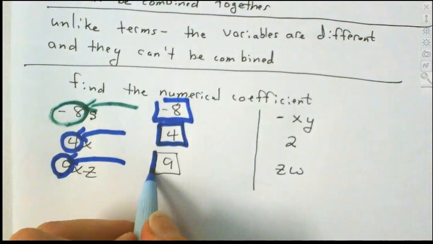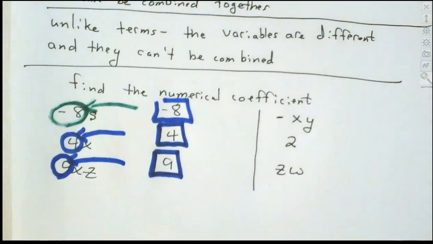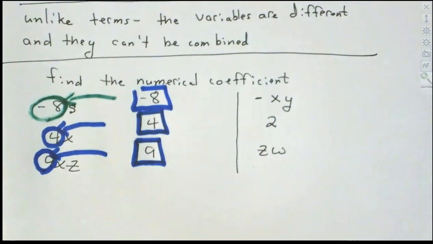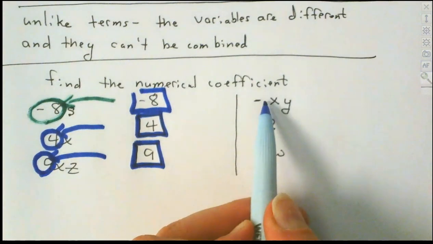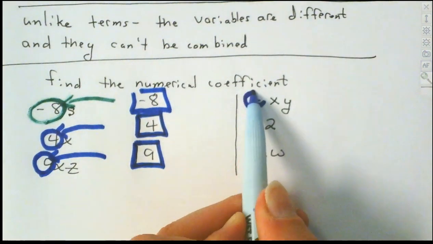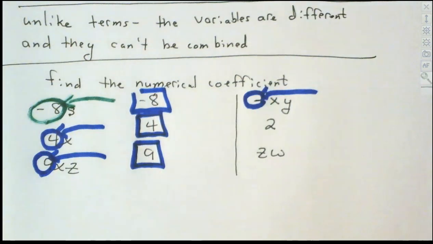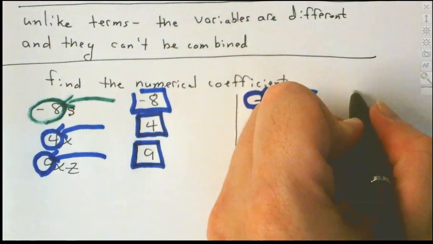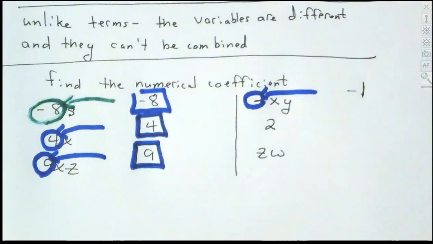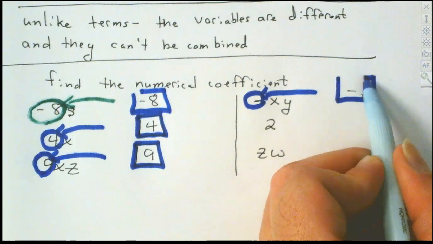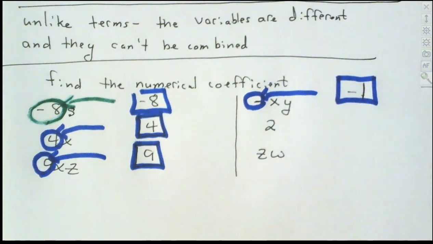What about on the right? These are a little bit different. On the right side, look at this one. Now this first one, there's always going to be a 1 there. And that negative means our numerical coefficient is a negative 1. So that negative tells you that it's going to be a -1.